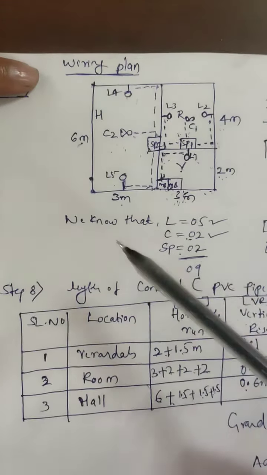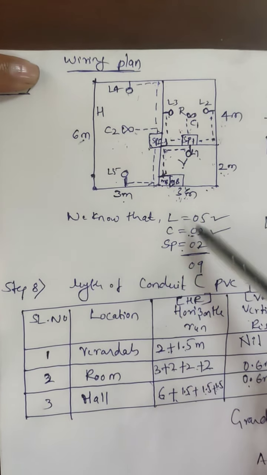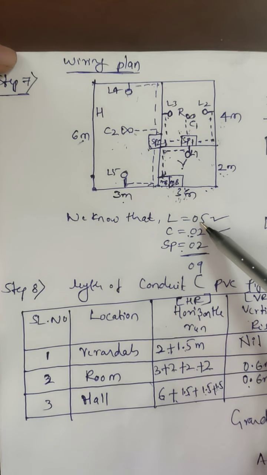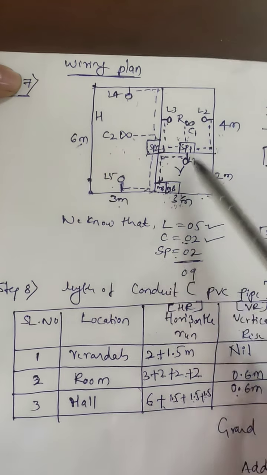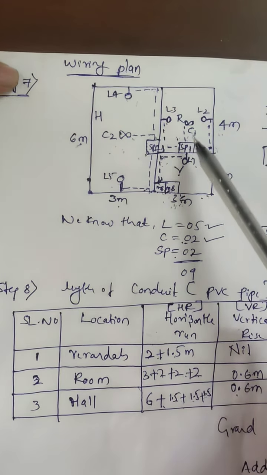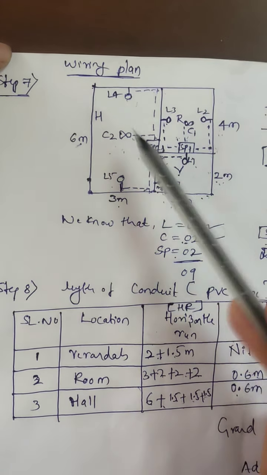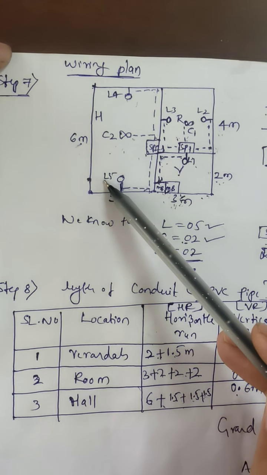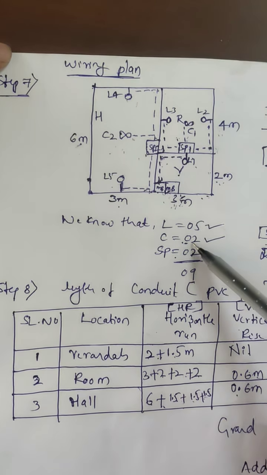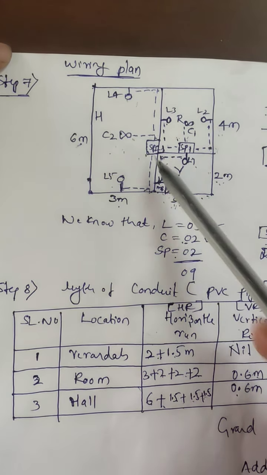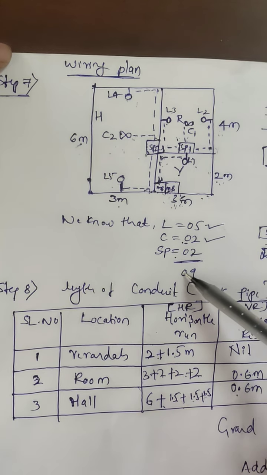So coming to the wiring plan, we have taken lights 5, ceilings 2, socket points 2, total 9 points. So you have to mention all 9 points in the wiring plan. L1, L2, L3, L4, L5 are the 5 lighting points. Similarly, C1 and C2 are the 2 ceiling points, and SP1, SP2 are the two socket points. Total 9 we have taken. The same we have done in the calculations.